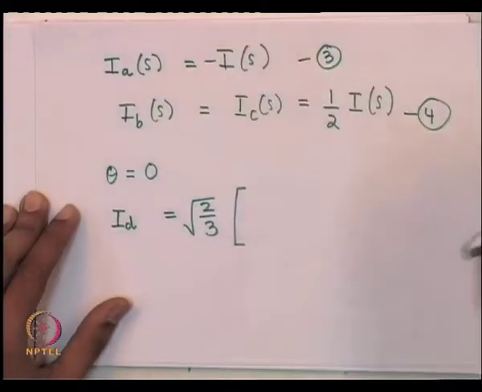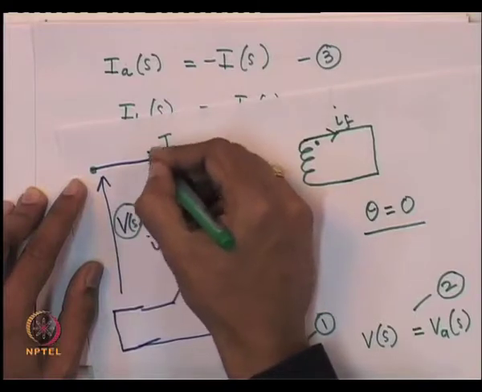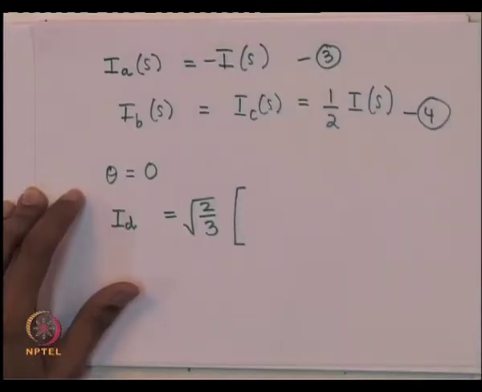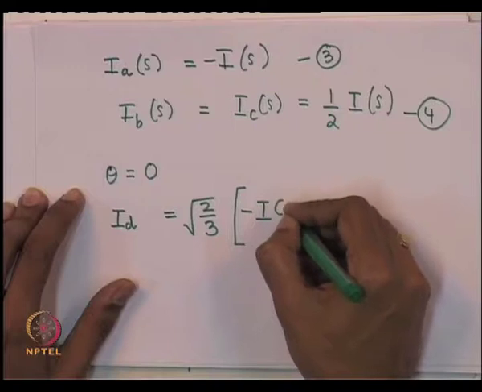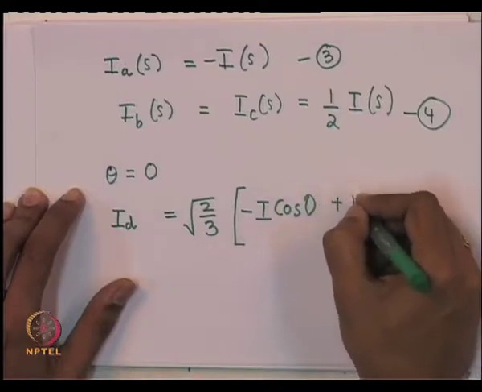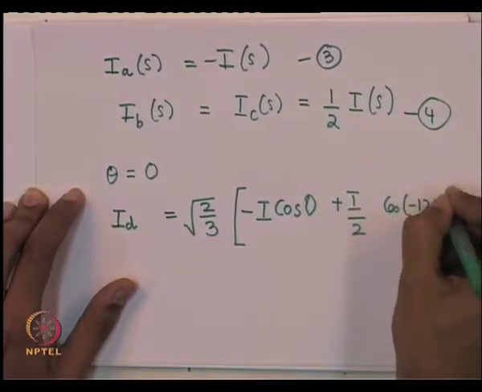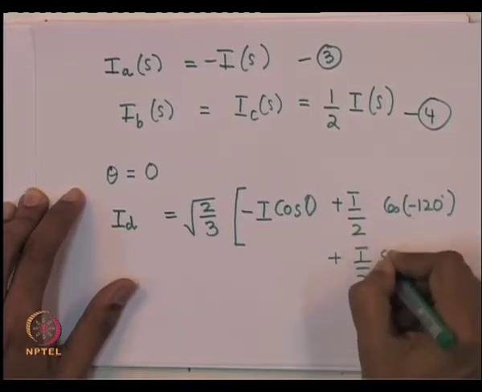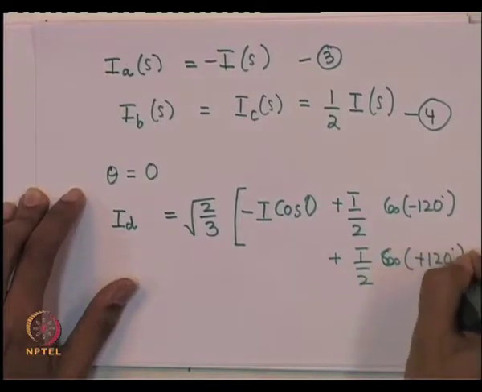Sorry, this current will take this direction, into the machine. In that case, you will have minus I cos of 0, theta is 0 remember, plus I by 2 cos of minus 120 degrees plus I by 2 cos of plus 120 degrees.